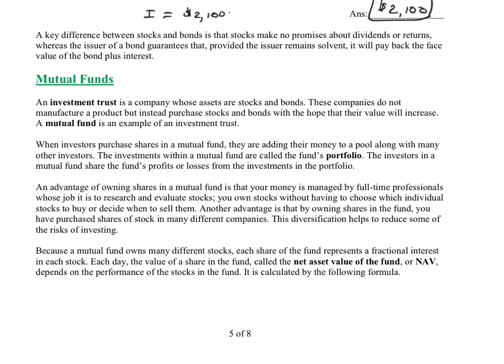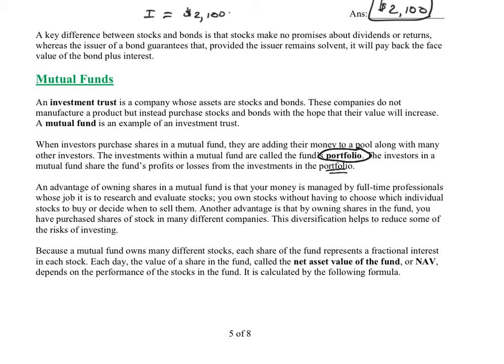Okay? So it says when an investor purchases a share in a mutual fund, they're adding their money to the pool along with many other investors. The investments within the mutual fund are called the fund's portfolio. So what do they do with that big pot of cash? They have a portfolio and they invest in several different companies. The investors in a mutual fund share the fund's profit or losses from the portfolio. Again, it's not an individual stock, it's the combination of all stocks and bonds.